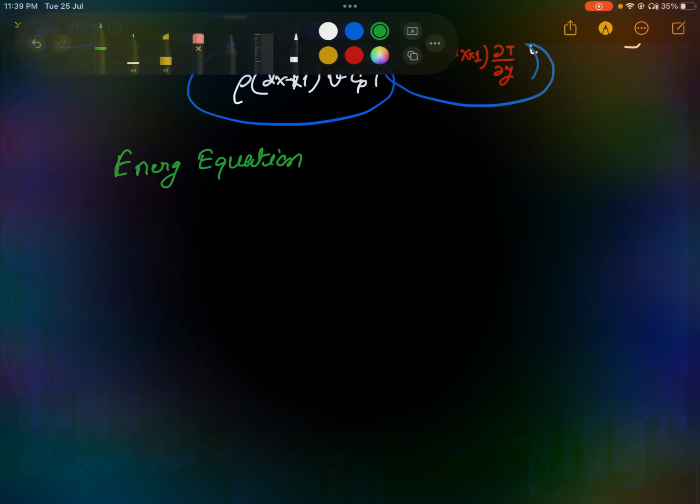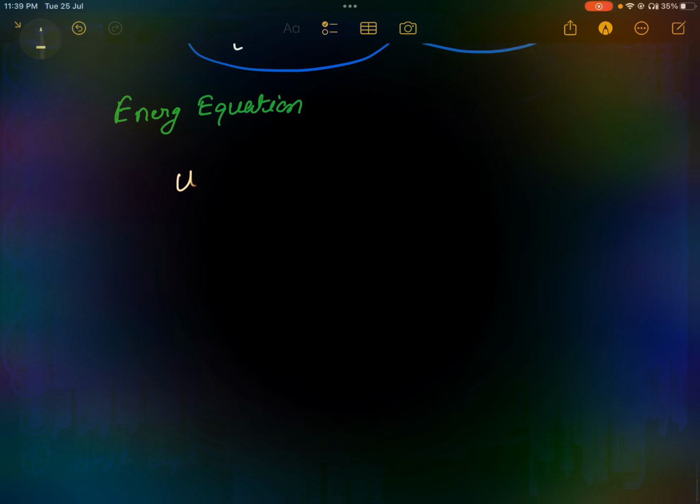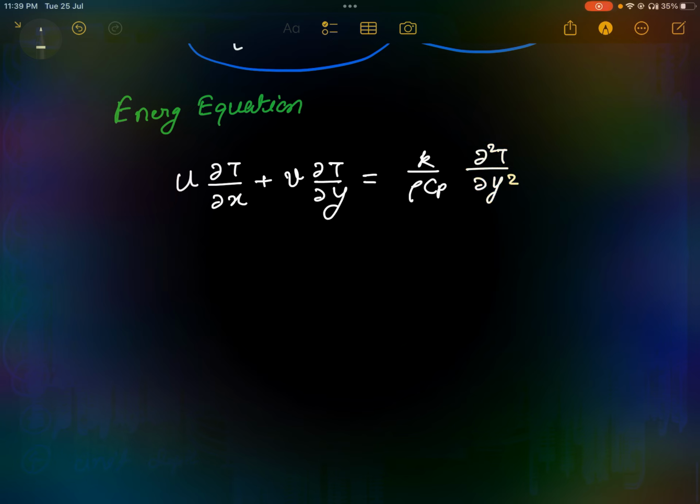So what will we get as the final energy equation? That we will get like u ∂T/∂x plus v ∂T/∂y is equal to k upon rho Cp ∂²T/∂y².